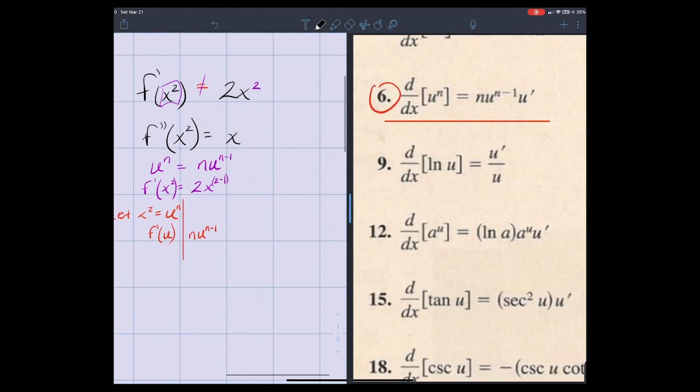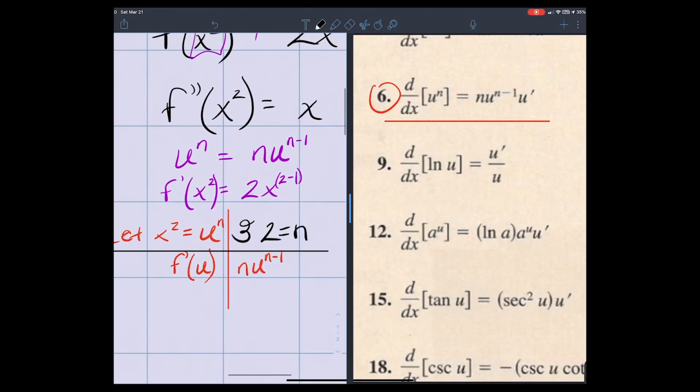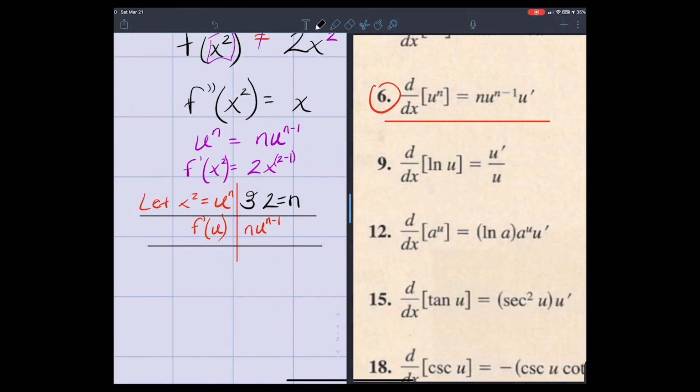And we can say that 2, such that 2 equals n. Okay? So, to put it together, now we have rights to calculus.